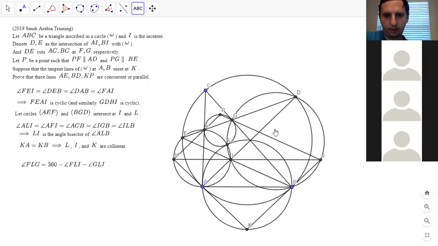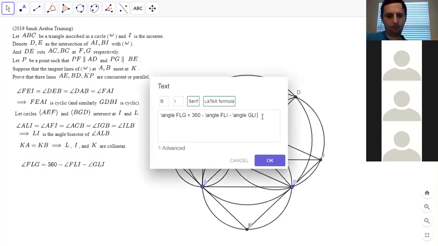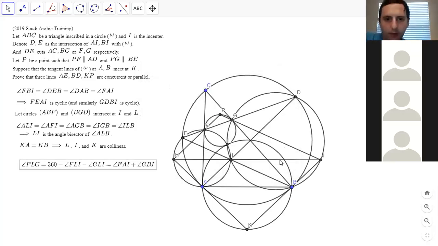And then that's the same as angle FAI plus angle GBI. Once we know that, it's not hard to see that that is equal to 180 minus angle AIB.